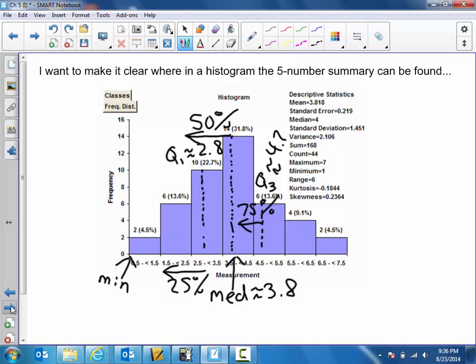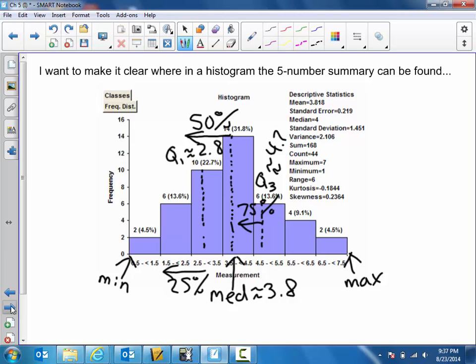We just know that's where the lowest bin cuts off, or rather begins. And then the max could be at about 7.5. So I think hopefully that makes it a little bit clearer visually as to where the 5-number summary falls in the histogram here. For some of you, I'm sure you already understood that, but that was not clear last year.